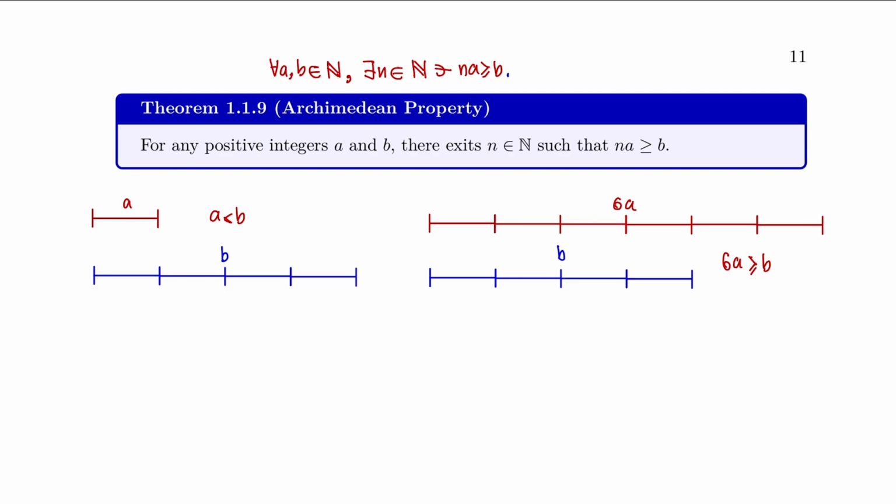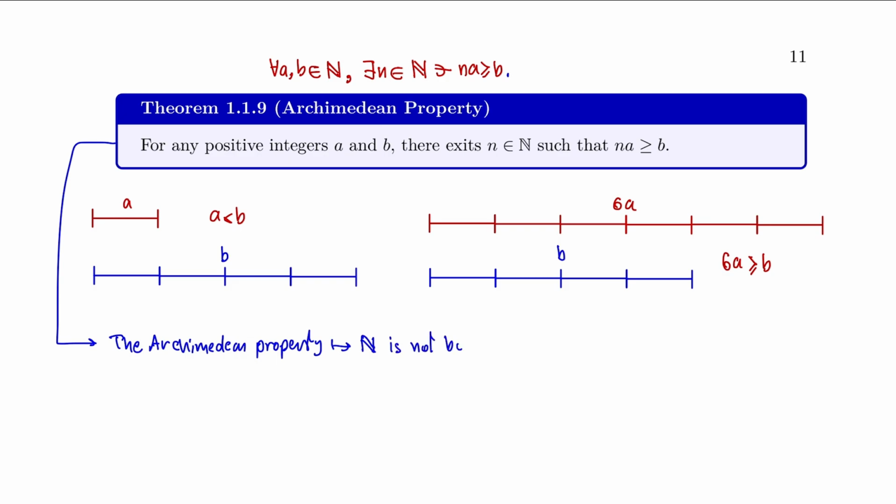So what does it say from this? The Archimedean property says that the set of natural numbers is not bounded above.